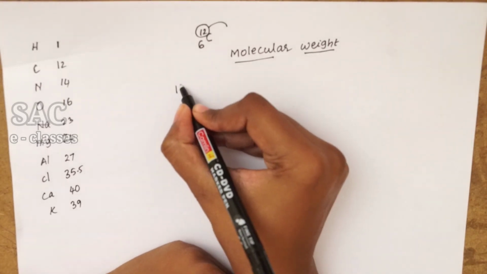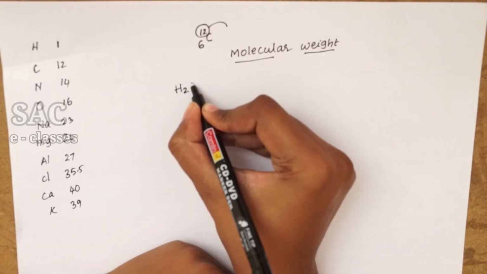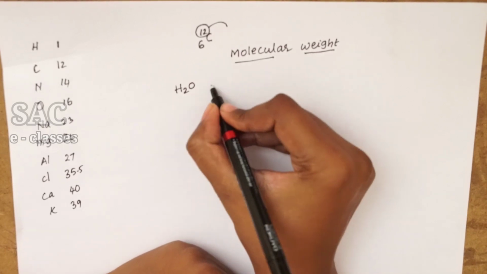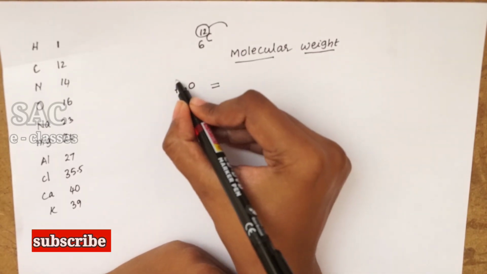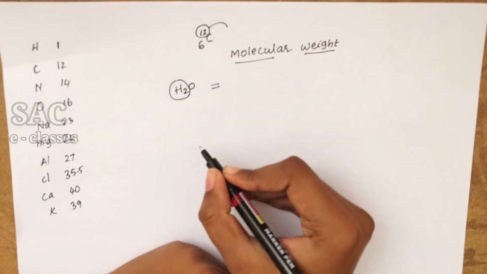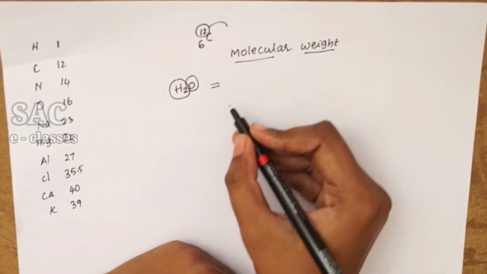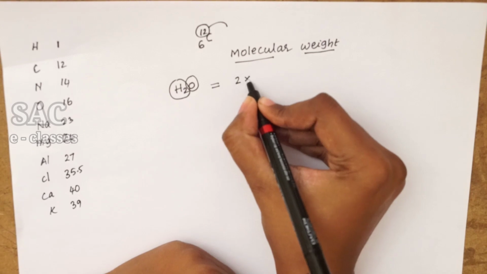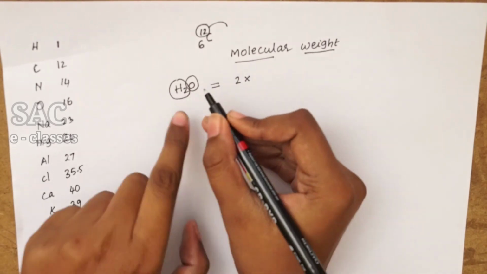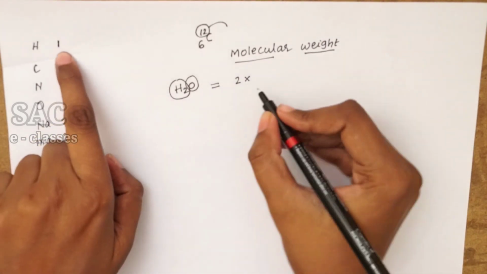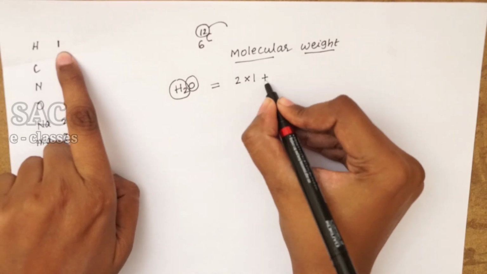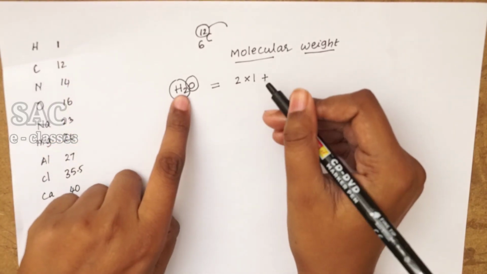For example, I have taken water. In water, how many hydrogen atoms are there? Identified, 2. How many oxygen atoms are there? 1. So 2 into 1, each hydrogen atom having atomic weight 1, plus how many oxygens are there?